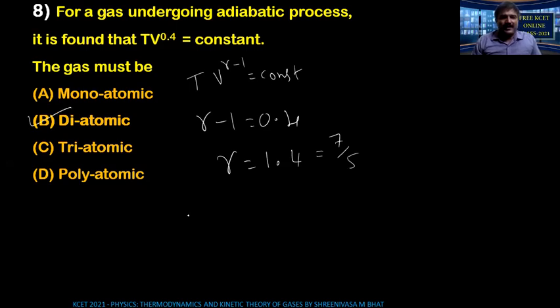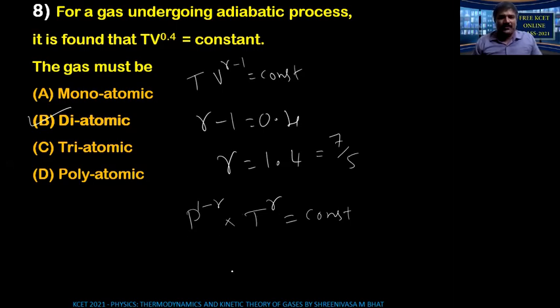And another relation in terms of pressure you may require sometimes. So P to the power 1 minus gamma into T to the power gamma is constant. That means here we can write T1 V1 to the power gamma minus 1 equal to T2 V2 to the power gamma minus 1. Or here also P1 to the power 1 minus gamma into T1 to the power gamma equal to P2 to the power 1 minus gamma into T2 to the power gamma.